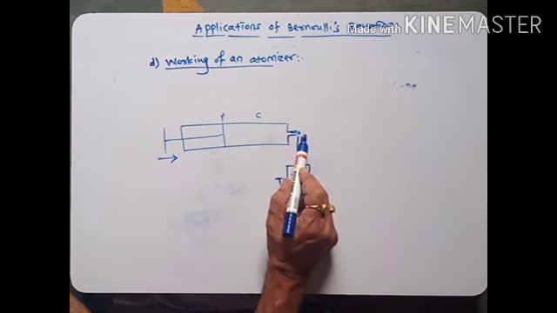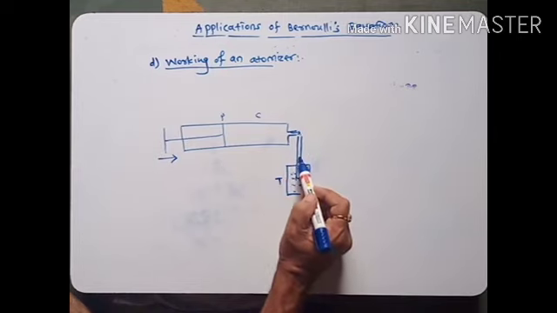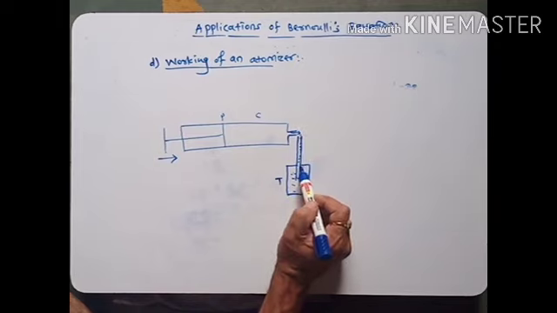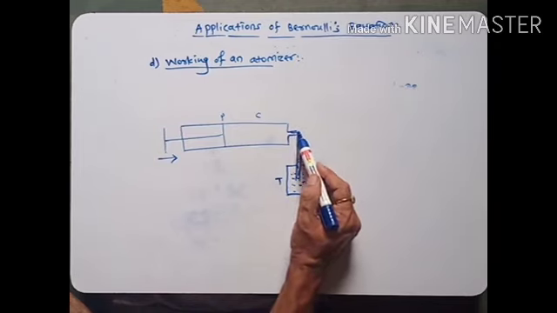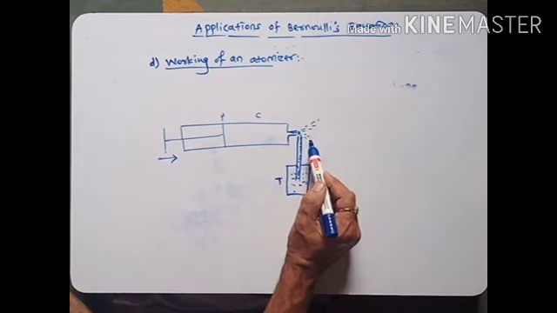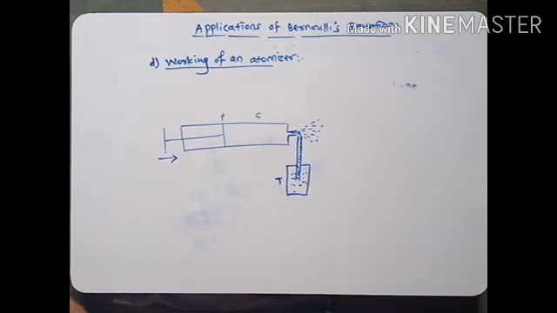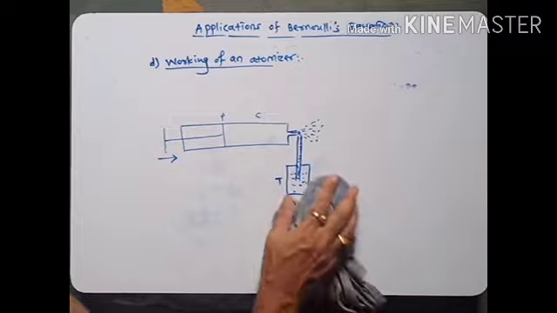The high speed of air creates low pressure over the tube, due to which the liquid rises in this tube and is then blown off as very small droplets with the expelled air. We get a shower. This is about the working of an atomizer.